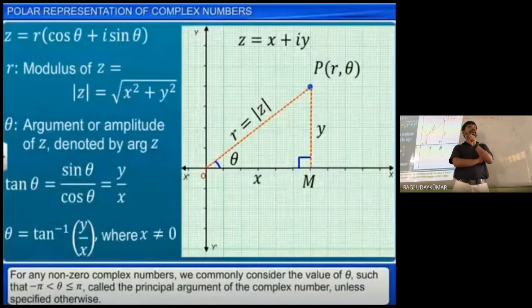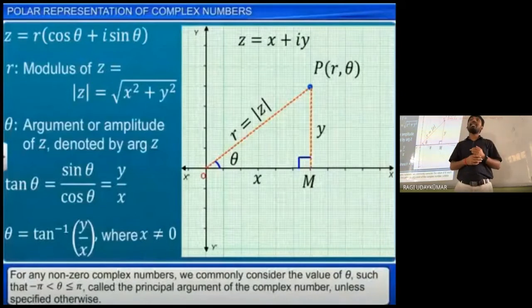That means the point is (2, 0), on the real axis. So every real number is also a complex number, and 0 is also a complex number. But for 0 the angle does not exist, because theta equals tan inverse of y by x.